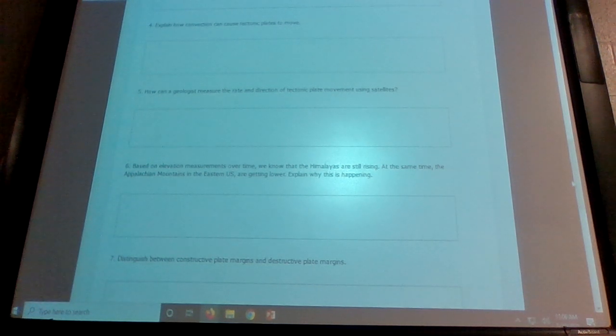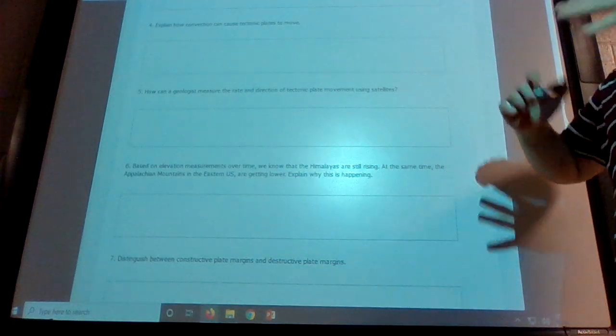There's going to be a cycle, right? It's got to be replaced. It's going to come up, go over, and come down. So how do I put this into words? What is the question? Explain how convection can cause tectonic plates to move.